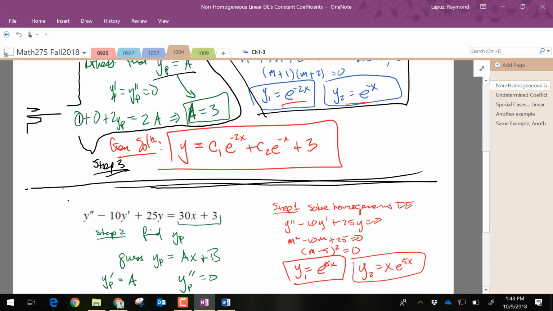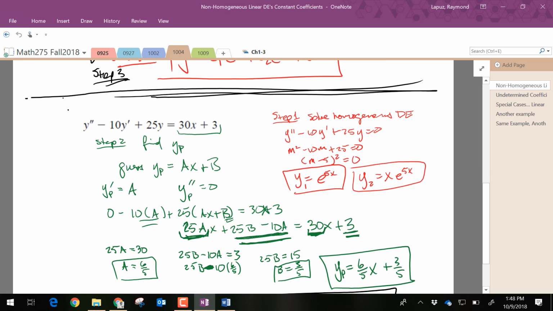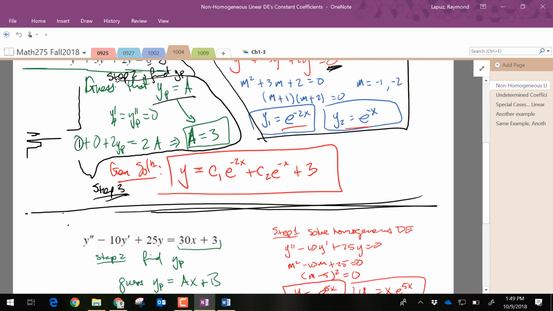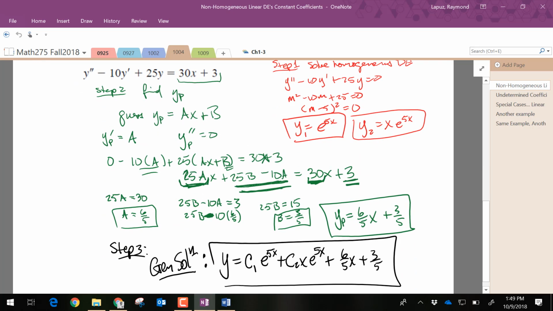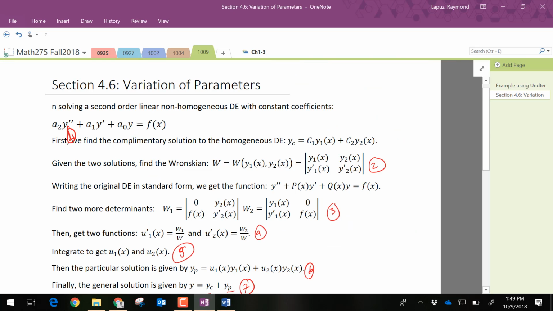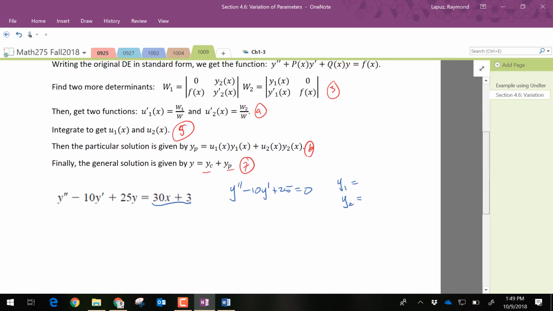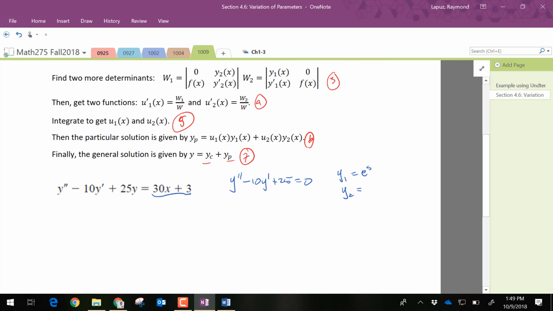Oh, this one. e to the 5x, x e to the 5x. Oh, we should have done the first one. That would have been easier. All right, so e to the 5x, x e to the 5x. So that's our first step.